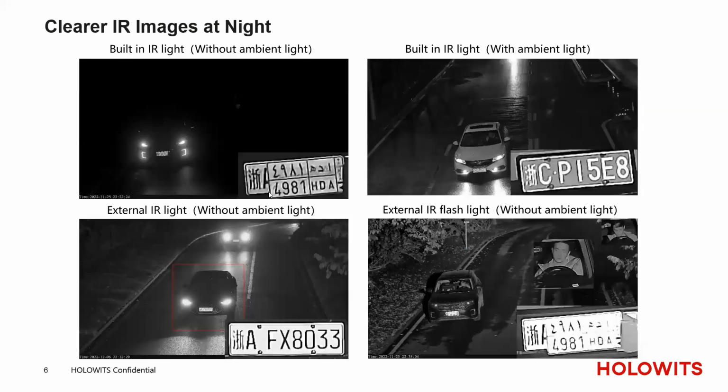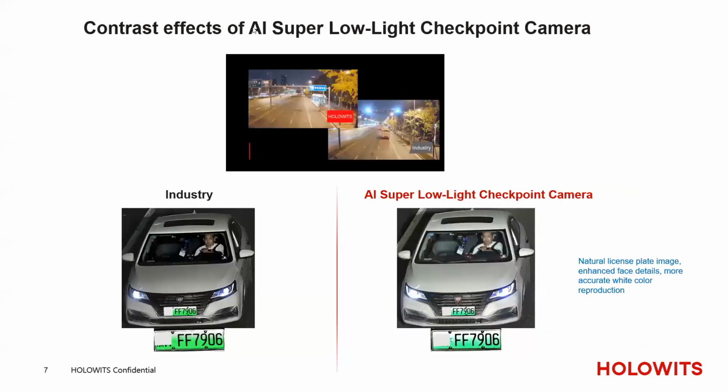So although this is very clear at night, but if you use built-in IR or the internal IR, it's not full color, right? This is all black and white. So our technology uses the contrast effect for all AI super low light checkpoint cameras. So this is a camera you can see here.